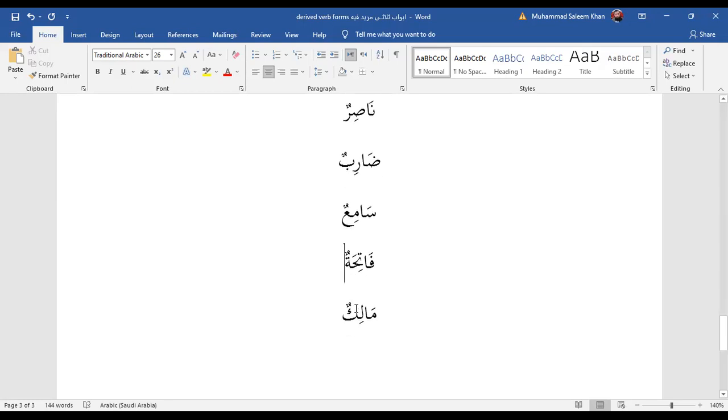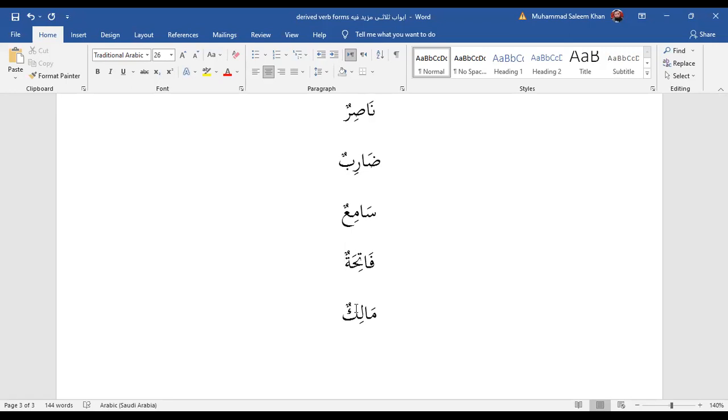And then we have Malikun. If I give you a couple of verbs, I think you should be able to make the ismul fa'il now. For example, ja'ala, ja'ilun, excellent. And then we have rafa'a, rafi'un, excellent. Balagha, balighun.